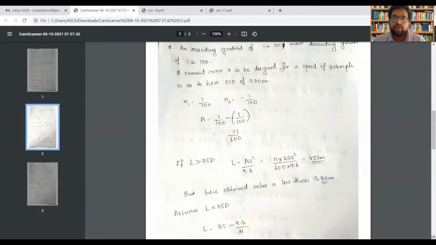But here, in the question, you are provided with a value for overtaking sight distance as 470 meter. And here the obtained value for length of transition curve is 422 meter. But you have obtained this 422 meter by making an assumption.